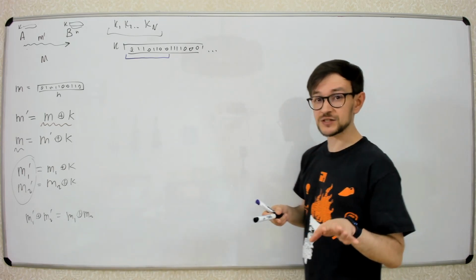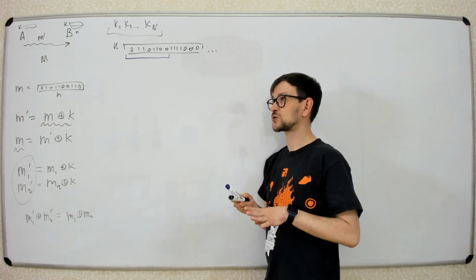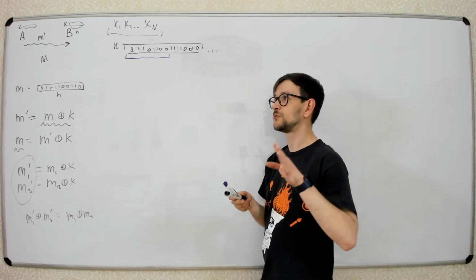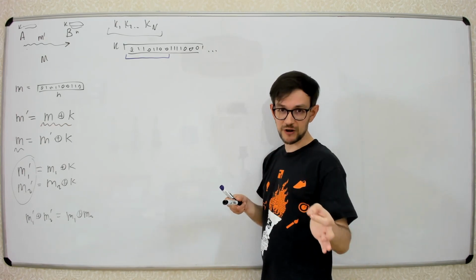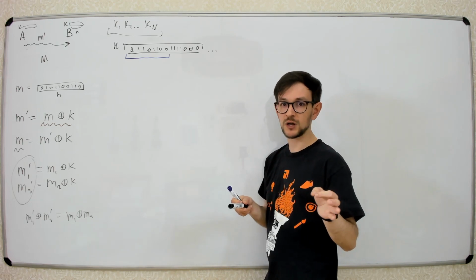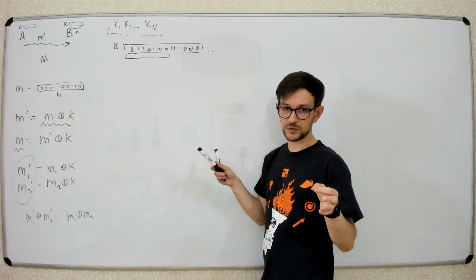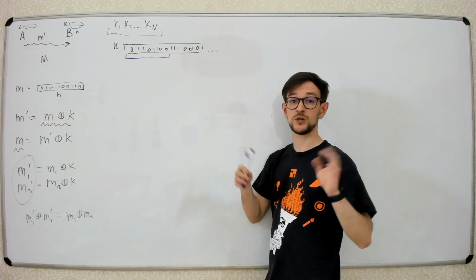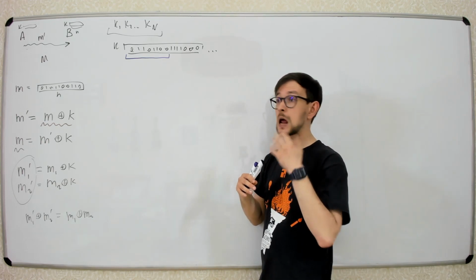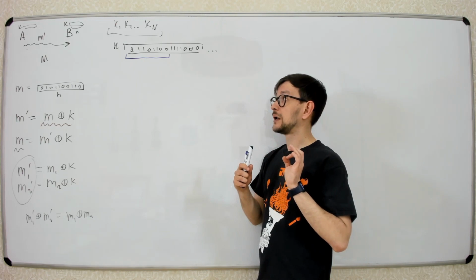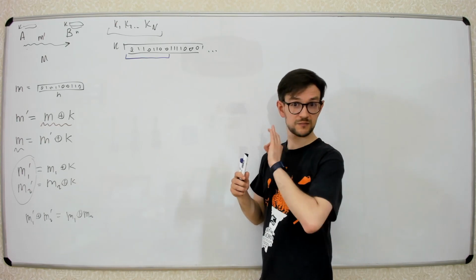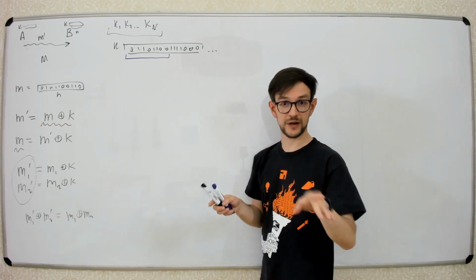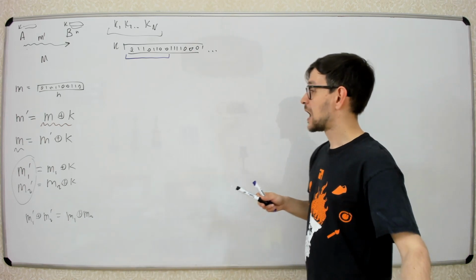But this problem is mostly solved. There are some generators built specifically for cryptography, so they don't have this problem. Even if you get some bits in the prefix, you will not get the future bits. They're pretty complicated, but let's believe they are working.